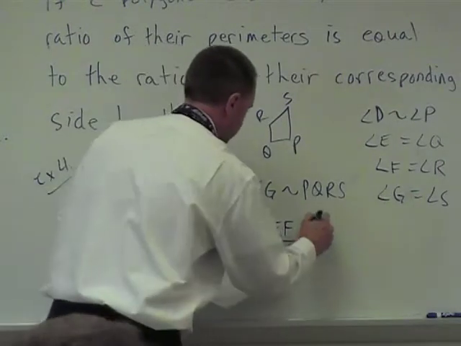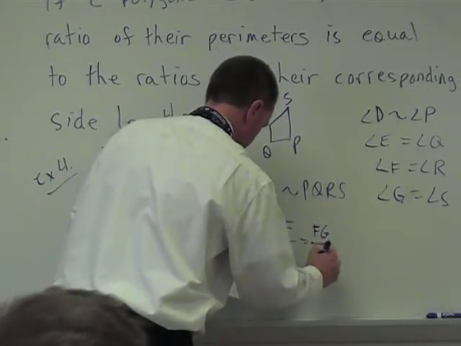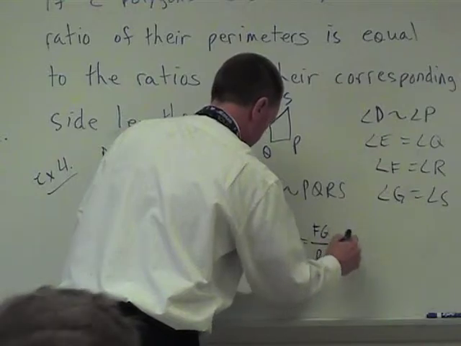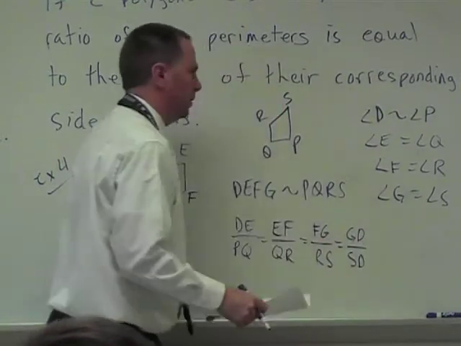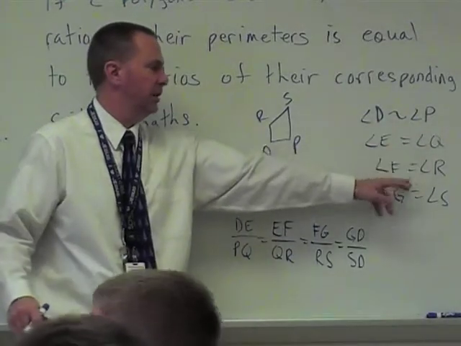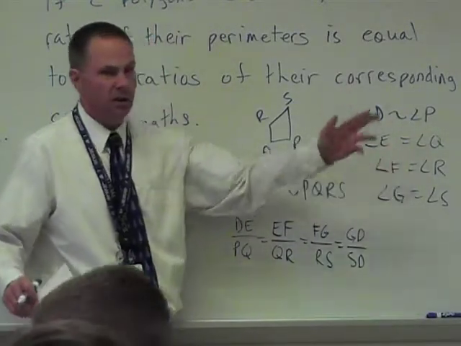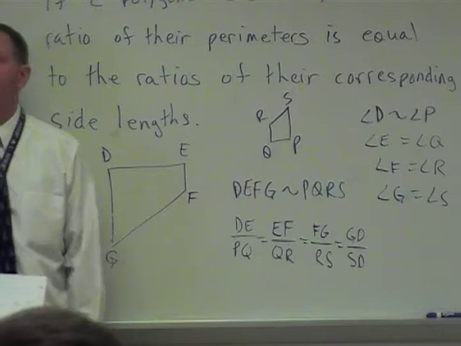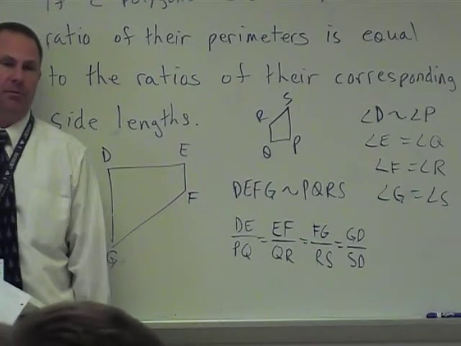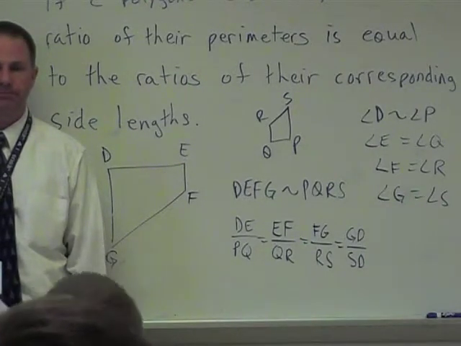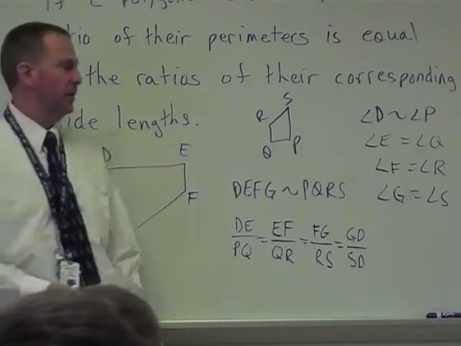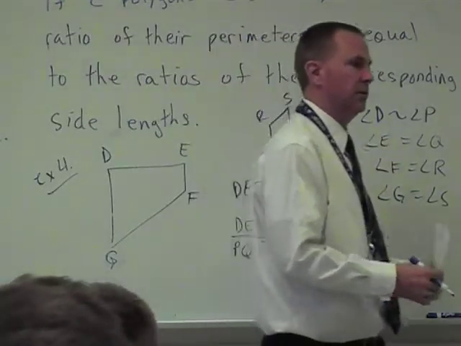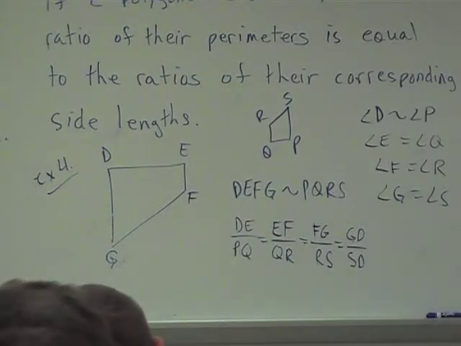And that's the same thing as FG is to RS and GD is to SP. Now in the book they use similarity symbols here, but angles are equal from figure to figure. In this case you would say congruent. We're not actually talking about the degree.